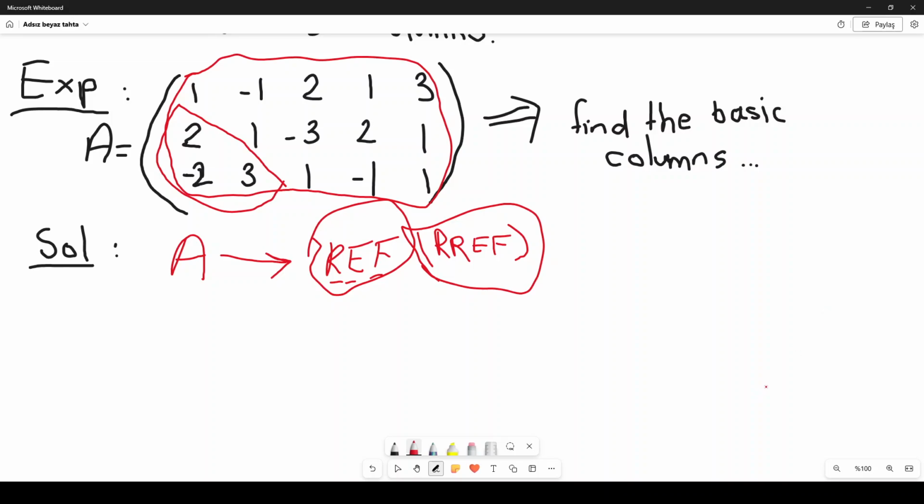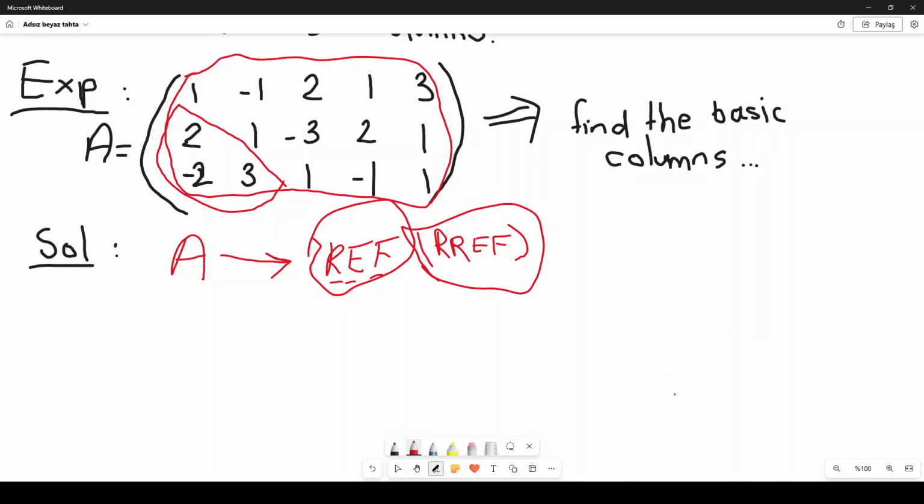After we have this reduced row echelon form, to find the basic columns, we simply examine which columns have the pivotal positions, or in other words, the pivot elements, and the columns that have the pivot elements after we are done with this elimination process with this Gauss-Jordan method, then we produce these columns as the basic ones, and the remaining columns are also called the non-basic columns.